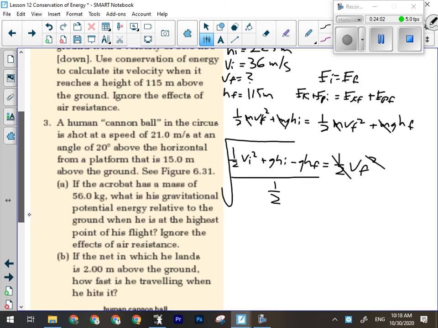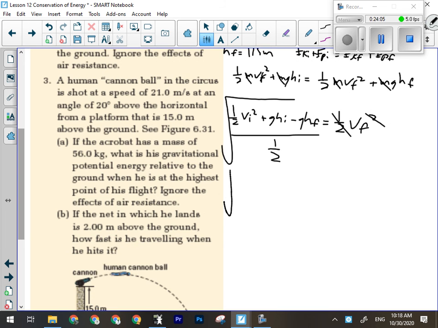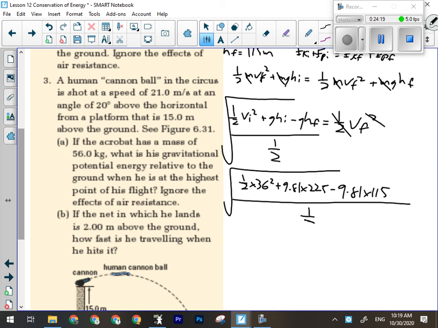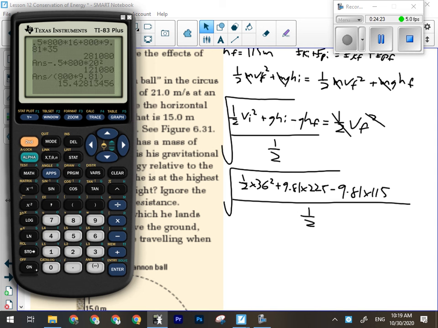That'll leave me with VF. Then I can plug in my numbers. So 1/2 times 36 squared plus 9.81 times 225 minus 9.81 times 115, divided by 1/2. That should give me my final speed at that point.